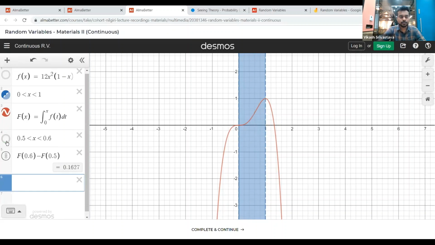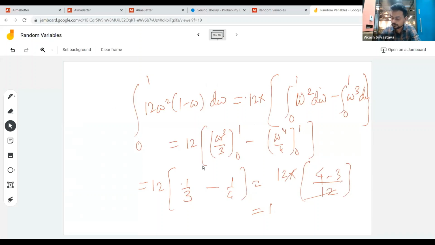Firstly, let me just use the Jamboard. F of 0.6 is essentially you're integrating f of capital W from 0 to 0.6, because of course this is minus infinity, but minus infinity to 0 is 0 because the function has not been defined in that interval. So we'll write 0 instead of infinity.